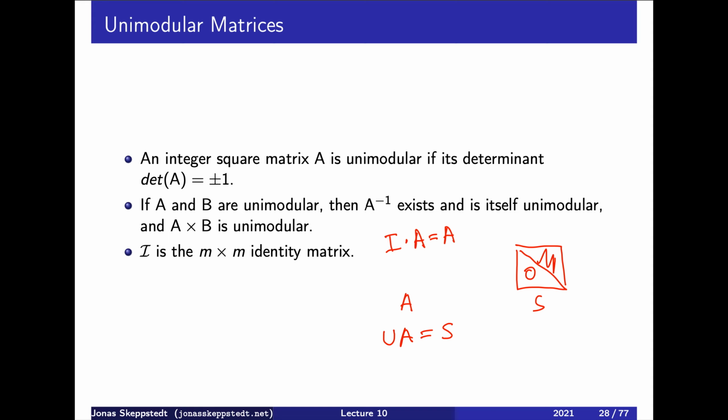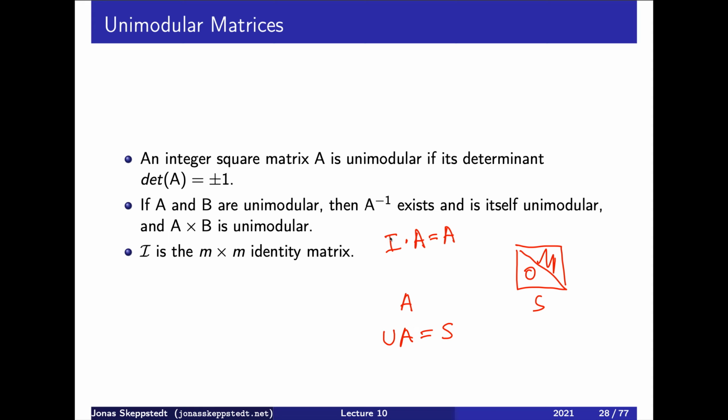And we do that by creating a unimodular matrix. This is not the one for doing the parallelization. This U is for finding this so-called echelon matrix.